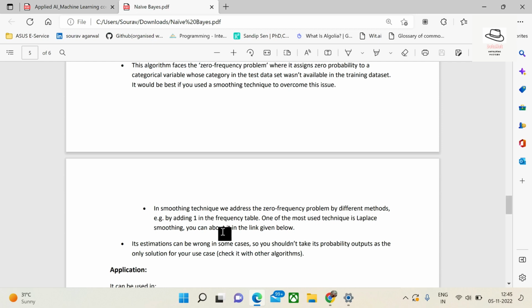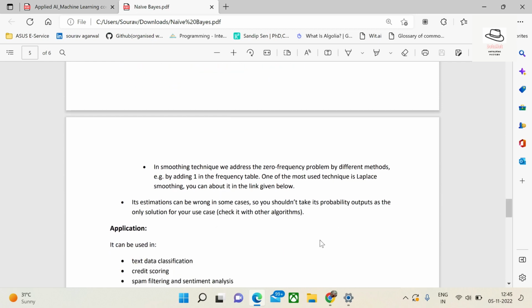So even if the category is not present, it will still have a non-zero probability, because instead of having 0, we are adding a constant 1. You don't need to go into the details of it as of now, just understand from an interview perspective what the zero frequency problem is and how you can fix it. So you can fix it by smoothing. One of the smoothing techniques is Laplace smoothing.